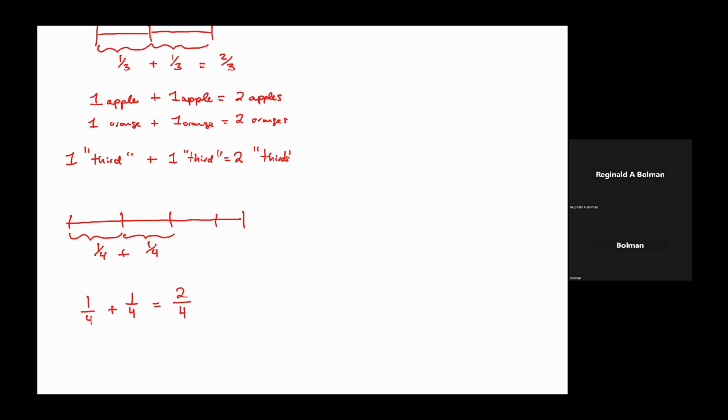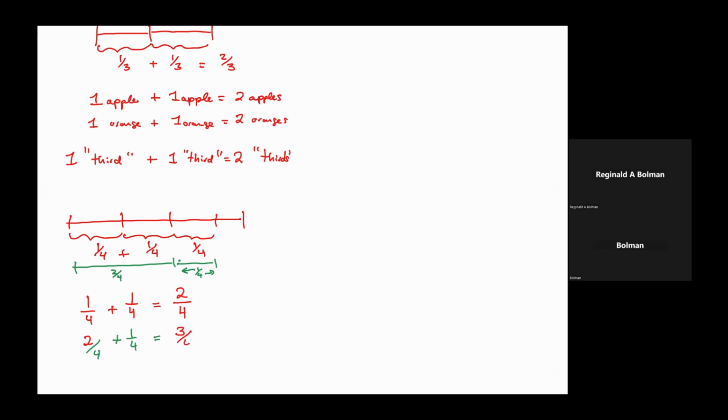If I had another 1/4, or said another way, you have 2/4 plus 1/4, how many pieces of 4 do you have? Well, you have 3 pieces of 4.